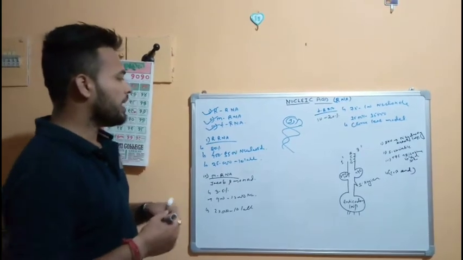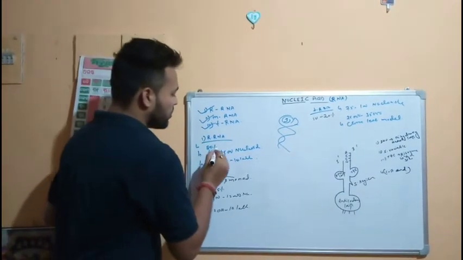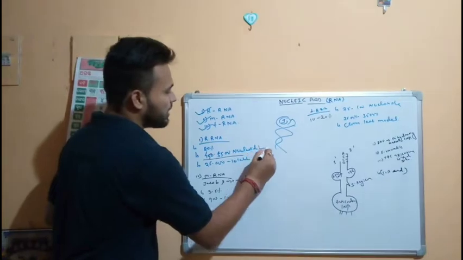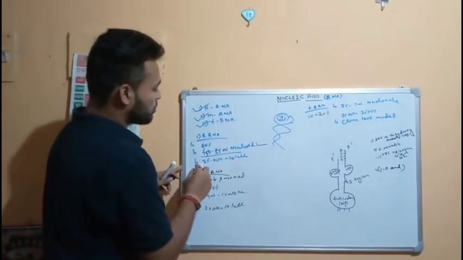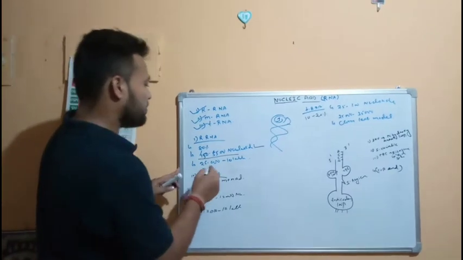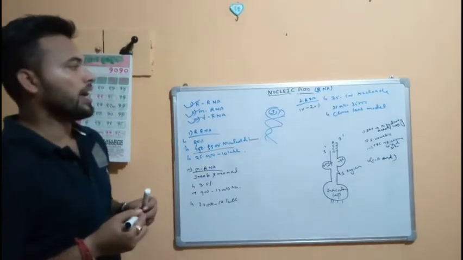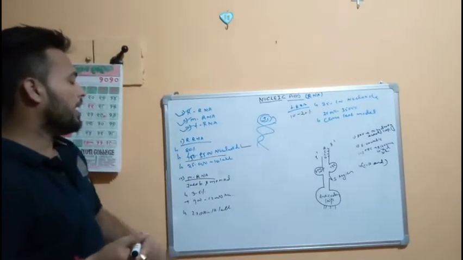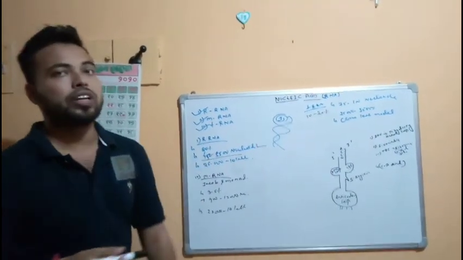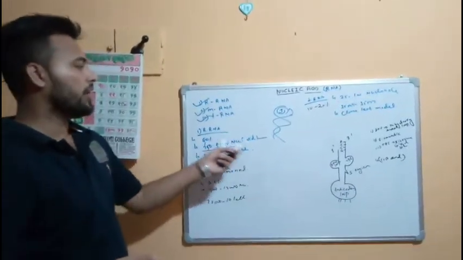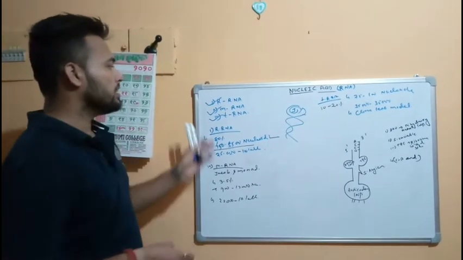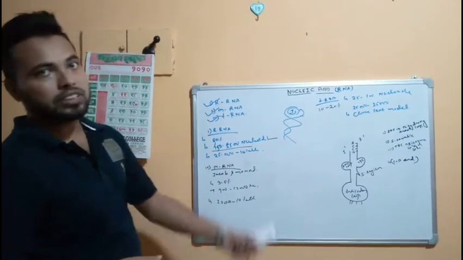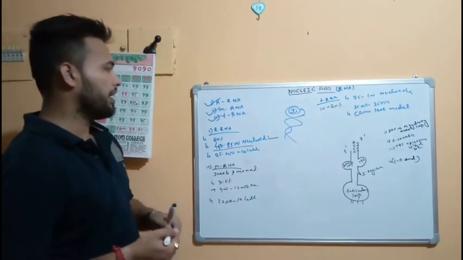In rRNA, there are mainly about 450 to 55,000 nucleotides and 25,000 to 10 lakh polynucleotide chains. This is all about rRNA, also known as ribosomal RNA.